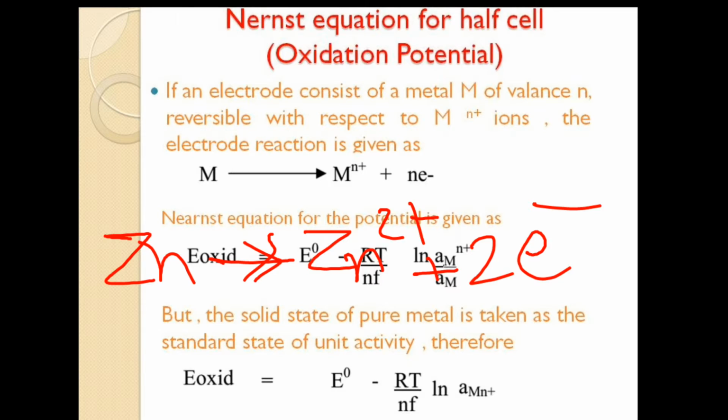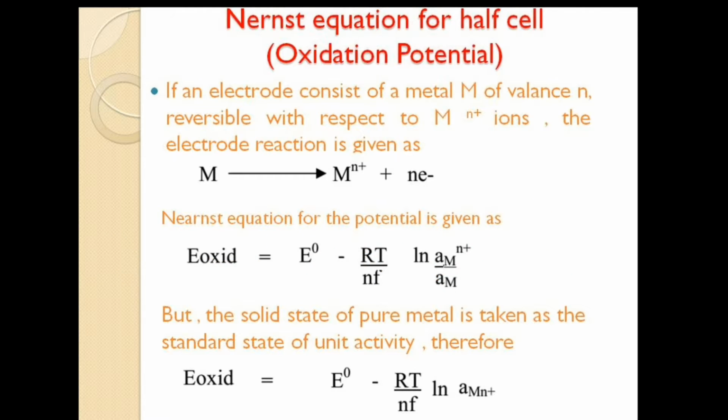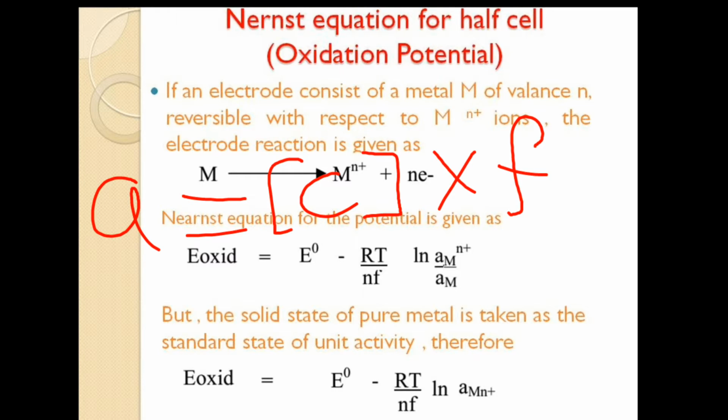Now the Nernst equation for oxidation potential is given as E oxidation is equal to E0 oxidation minus RT upon nF log concentration of product divided by concentration of reactant. Instead of concentration, here we are taking activity. As you know, activity is the product of concentration and activity coefficient.